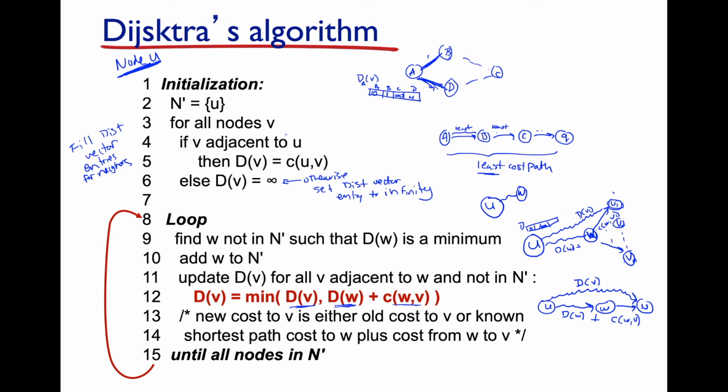Okay? And so the easiest way to get comfortable with this, to manage it, is to go over an example. Okay? And so we do that, and we keep adding nodes W until we exhaust all of the nodes that we have in the network, in every router in the network.